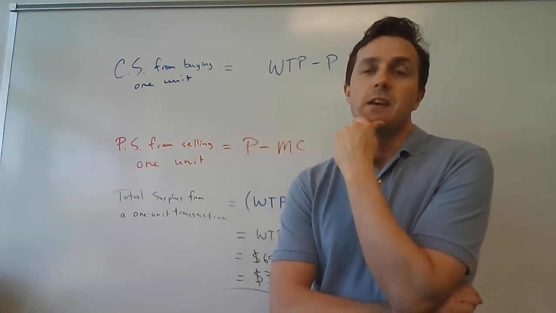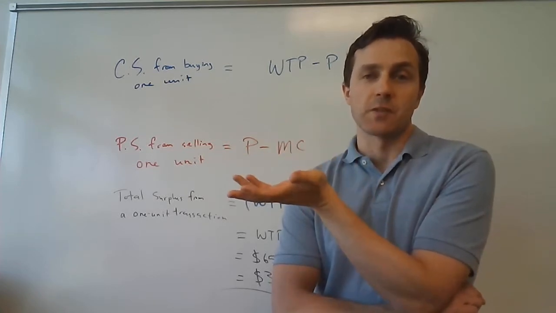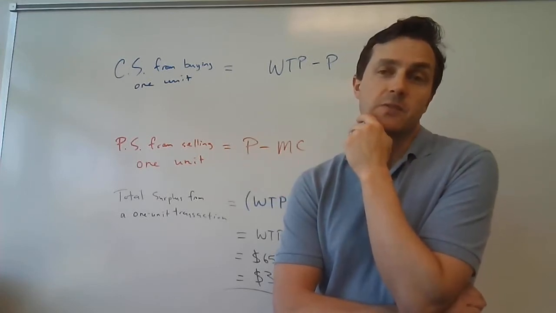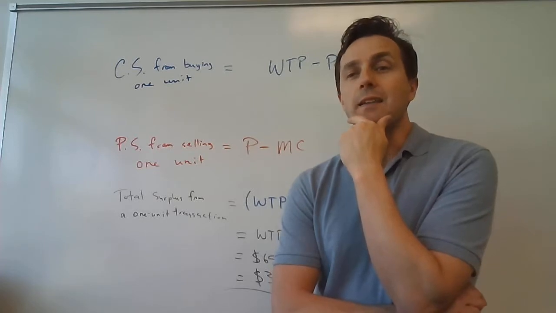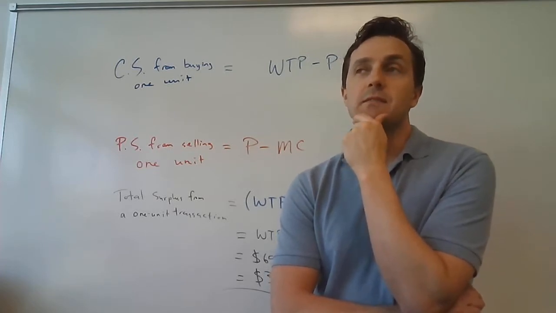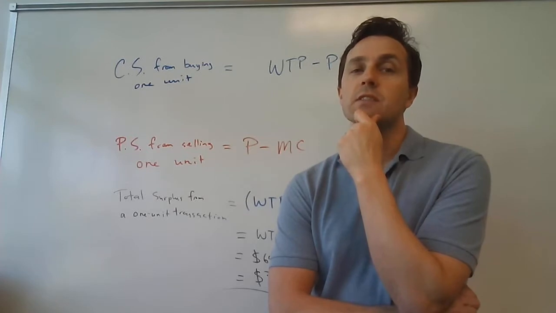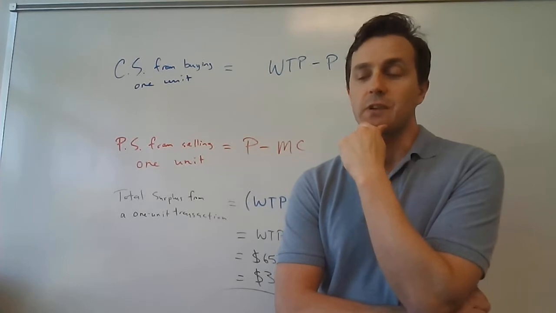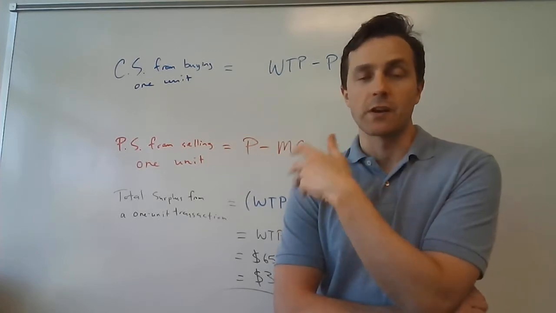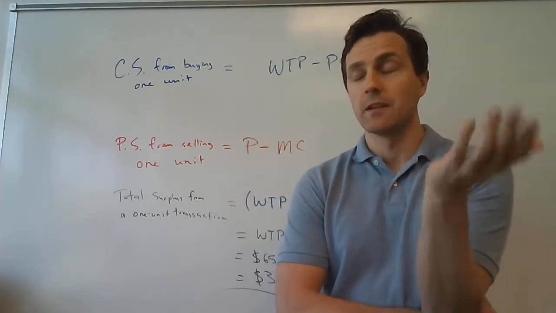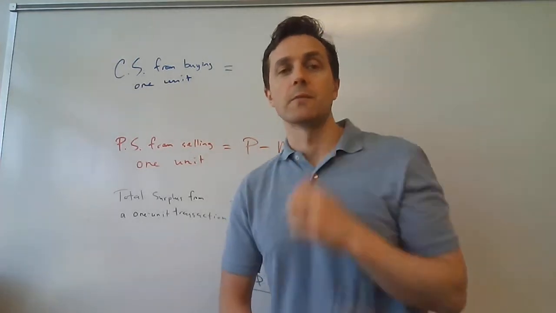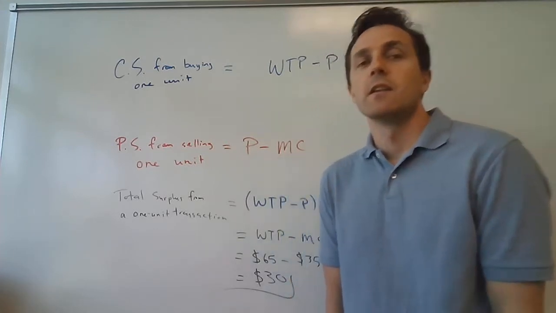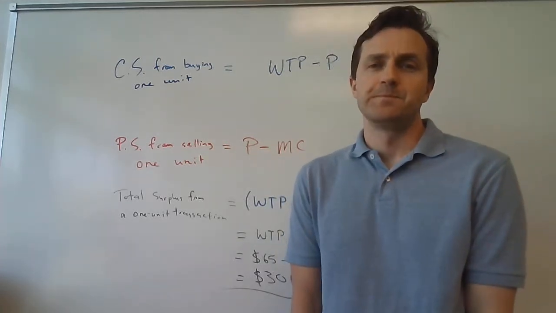For example, if Arnold paid $40 for the bike, he'd be willing to do that because his willingness to pay, his marginal benefit, is $65. And Brenda would agree to sell the bike because her marginal cost is only $35, so she would gladly take $40 for it. The same is true for any other price between $35 and $65. So $40 would work, $45 would work, $50, all the way up to $65. If the price was $65, then Arnold would be just indifferent to buying the bike.